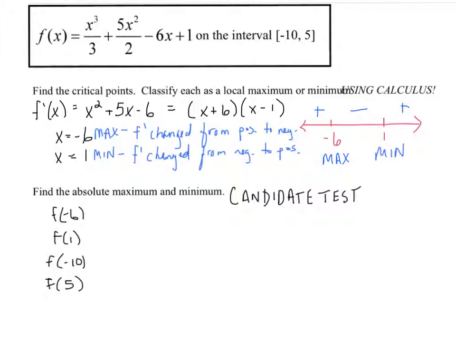So you got to kind of make sure you know what exactly you're doing and where you're plugging things in. To find the critical points, we use the derivative, set equal to 0, or figure out where it's undefined. And to classify, we do sign analysis. But to do the candidate test, we plug in our critical points and our endpoints to the original function, because we're actually trying to know the original function's values to know where it is at its highest and lowest point.